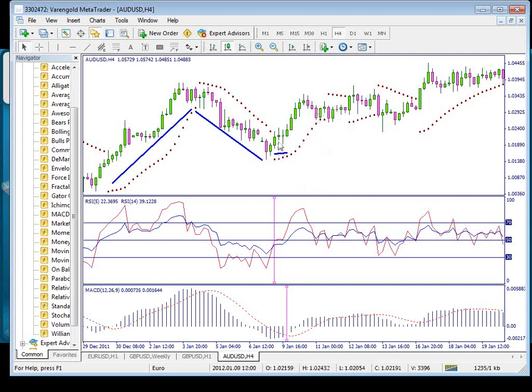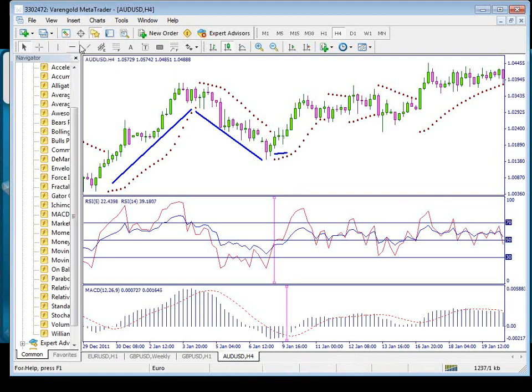We have here about 8 candles, so minimum 24 hours or so we will stay in this trade. Actually, because we also have this signal from MACD, I suppose that it's possible to stay for 3 or maybe 1 week in this trade.